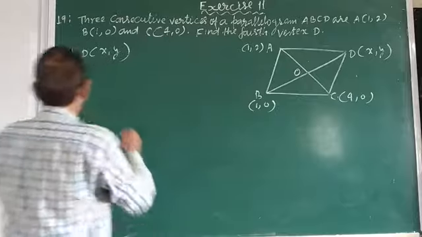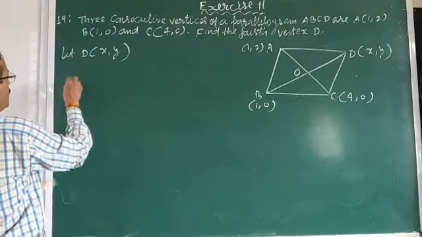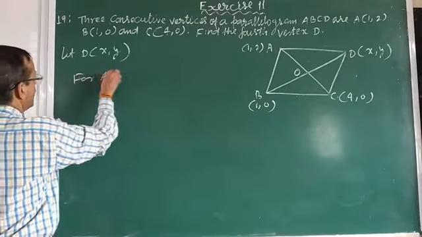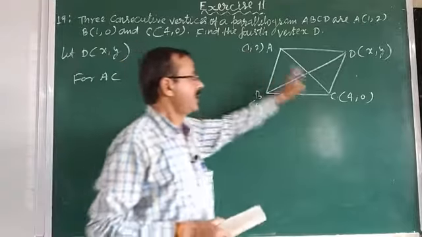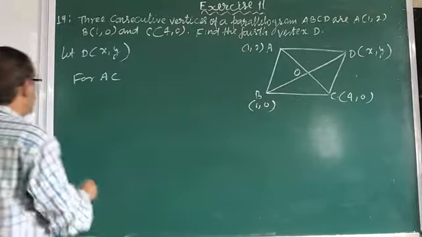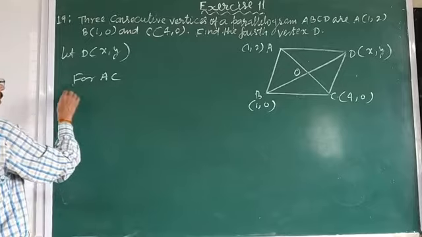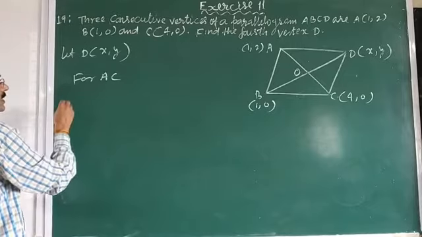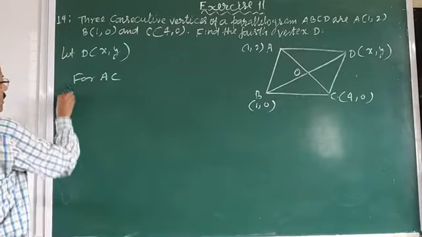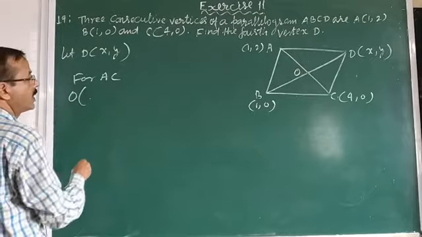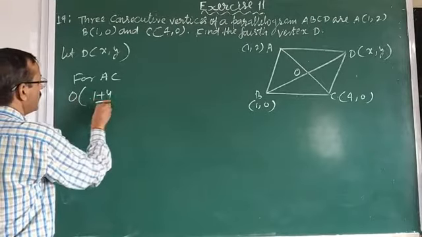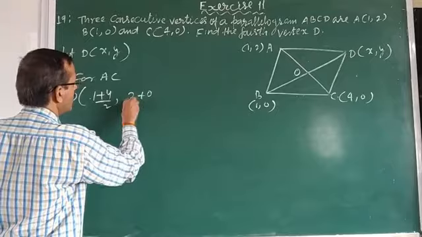So what will be O for AC? For AC, O is the midpoint. Since the diagonals bisect each other, find the midpoint O. What will it be? (1 plus 4) upon 2 and (2 plus 0) upon 2.